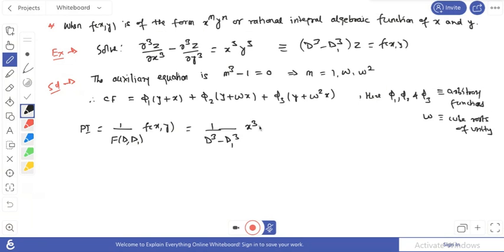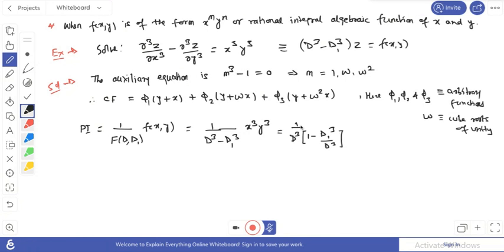Here, in a similar way as in an ordinary differential equation, D and D1 have the same higher power, so we take D cube common. This means 1 minus D1 cube by D cube.